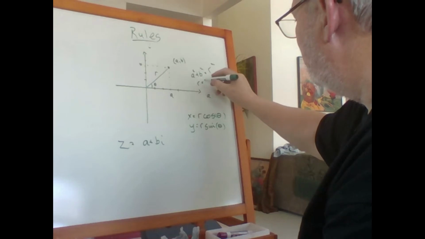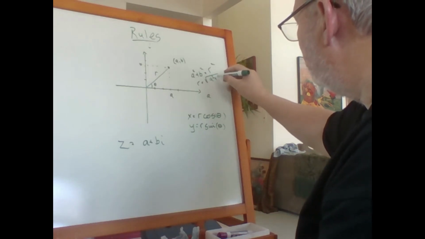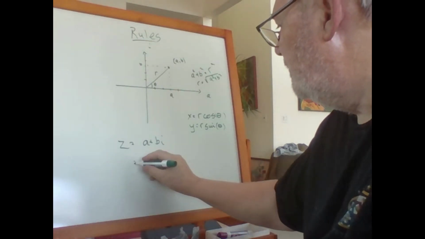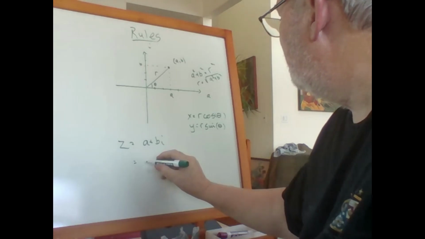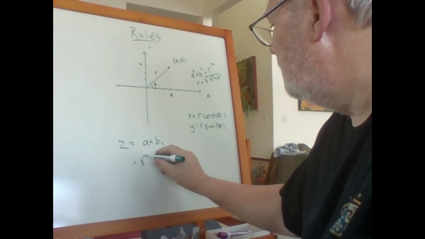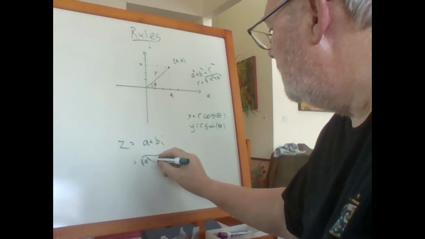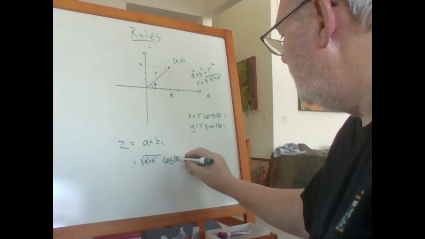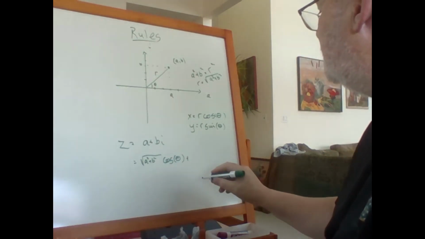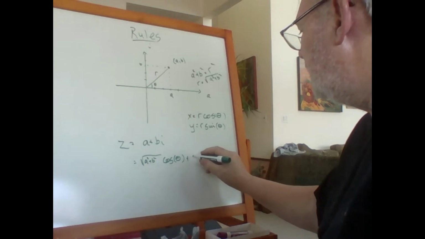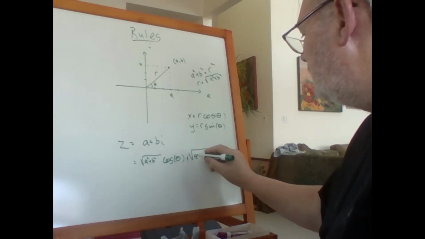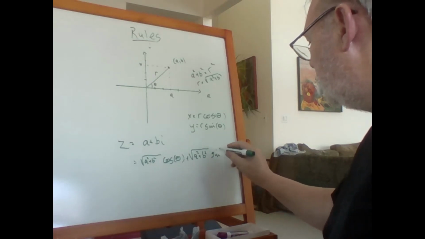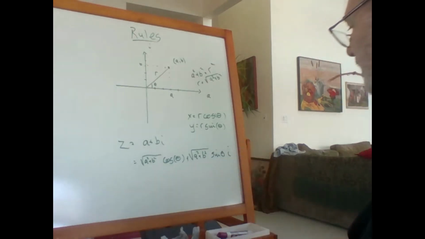So r equals the square root of a squared plus b squared. So we have a, which is the square root of a squared plus b squared cosine theta, plus b, which would be the square root of a squared plus b squared sine theta I.